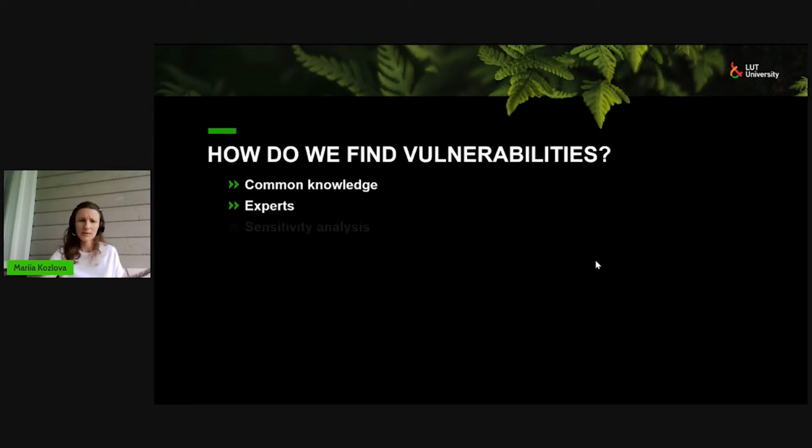But ultimately, all those things go inside the model, and inside the model, we can understand its behavior and vulnerabilities by sensitivity analysis. What kind of strategies and tools do we have there?